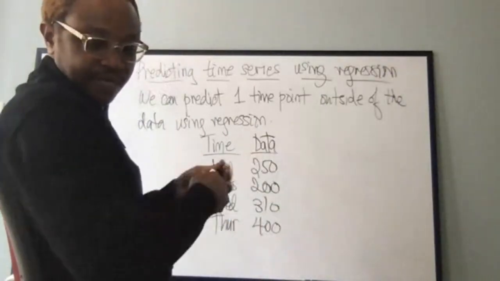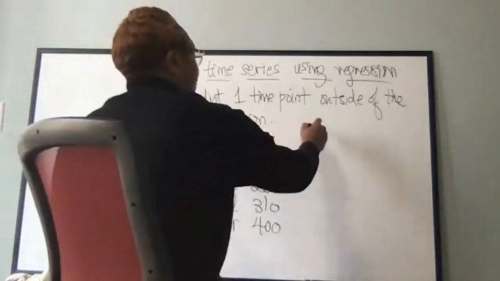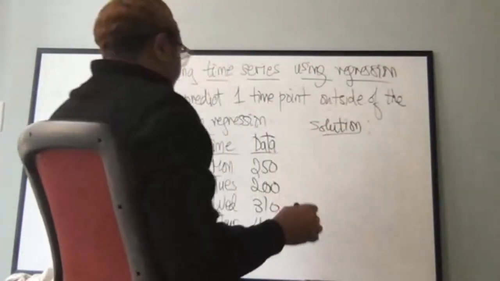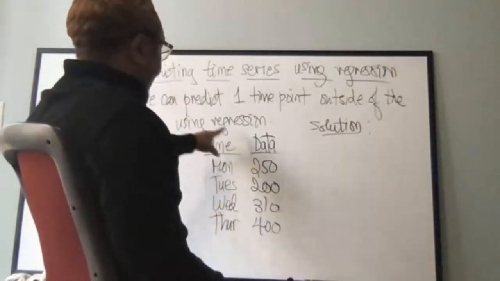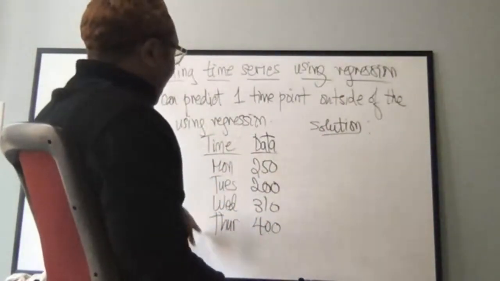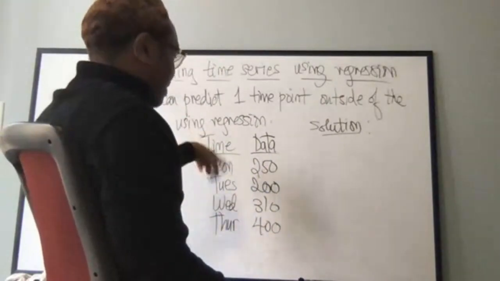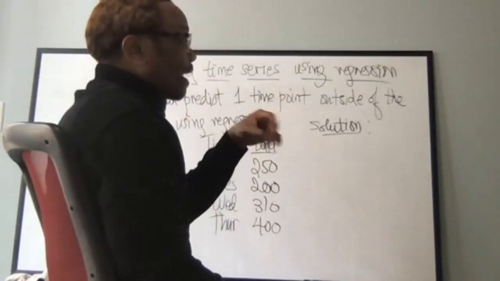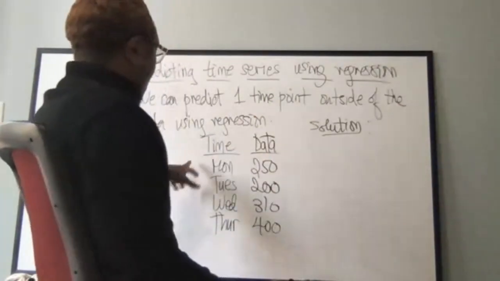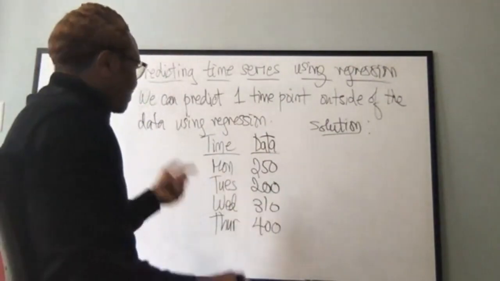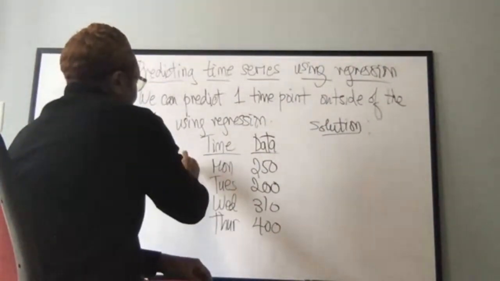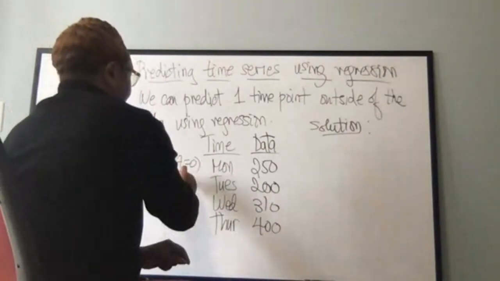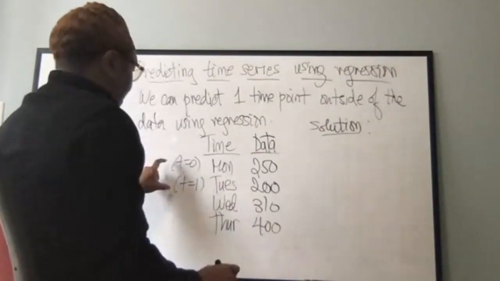So the solution, when you're given something like this, is to turn this column into a column of numbers that suggest succession, or a consecutive nature, right? You remember when we did the EWMA, this value right here was when t equals 0, time equals 0. Then this was t equals 1.